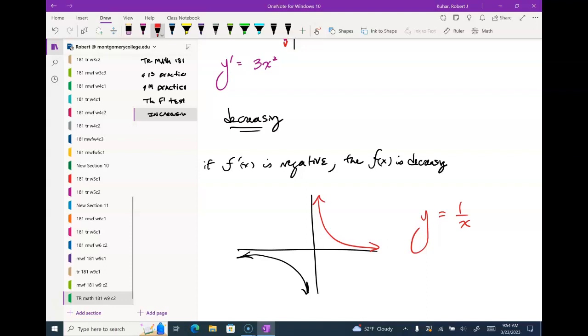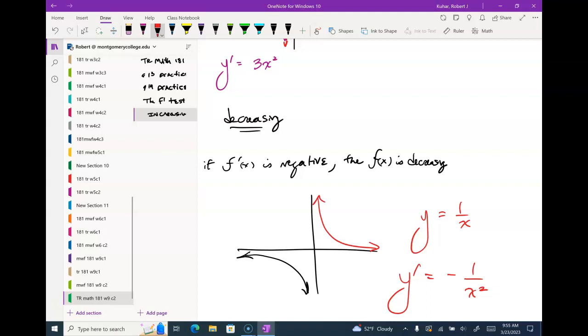And always decreasing on the right part of the curve, right? And look at the derivative. Who's got it for me? Beautiful. Negative 1 over x squared. Notice x squared is always positive, but there's a coefficient that's a negative 1, so it's always going to be negative. When my derivative is negative, the function must be decreasing.